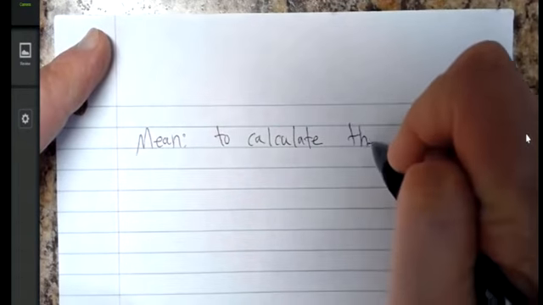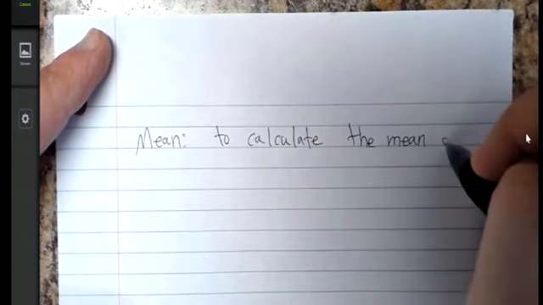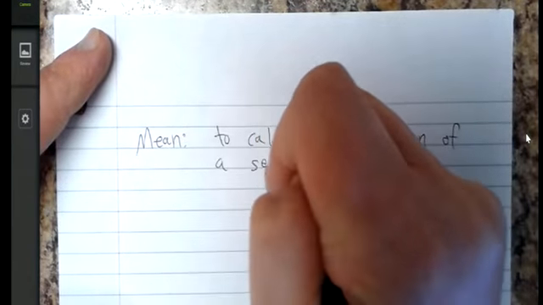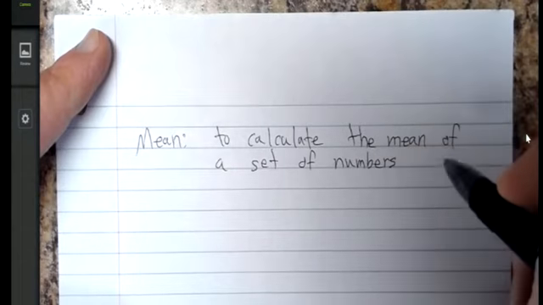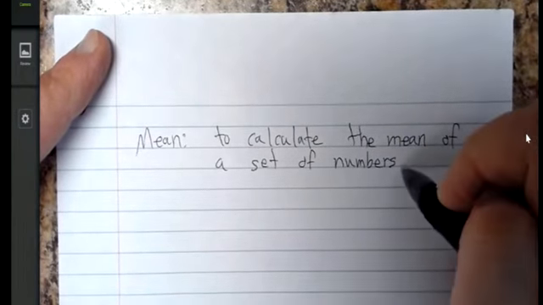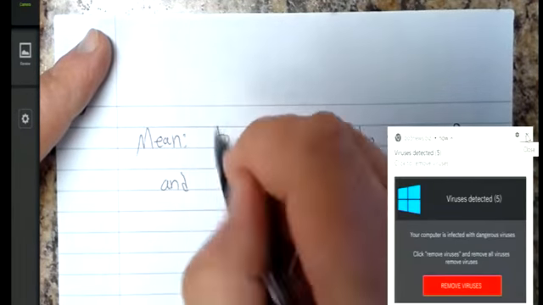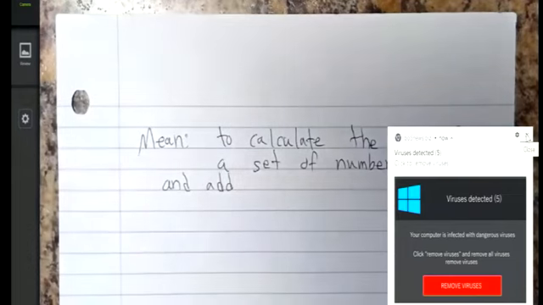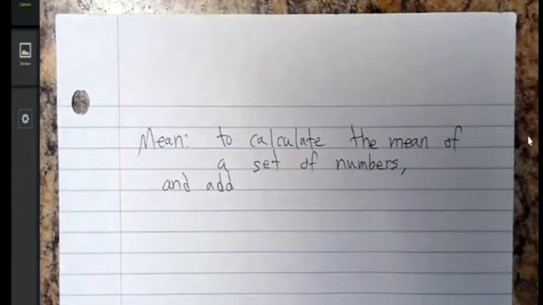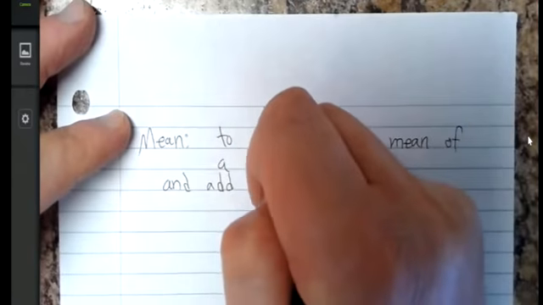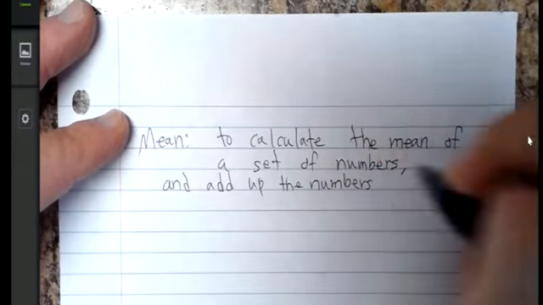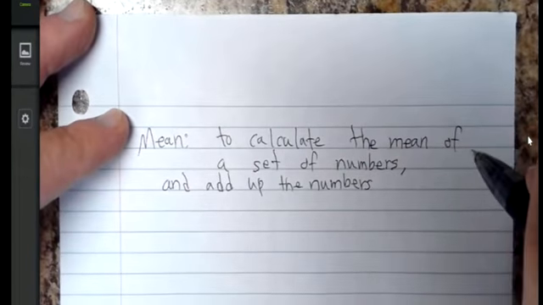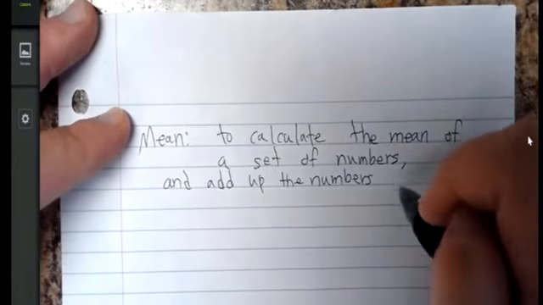To calculate the mean of a set of numbers, you add up the numbers and divide the sum by the number of numbers in the set.